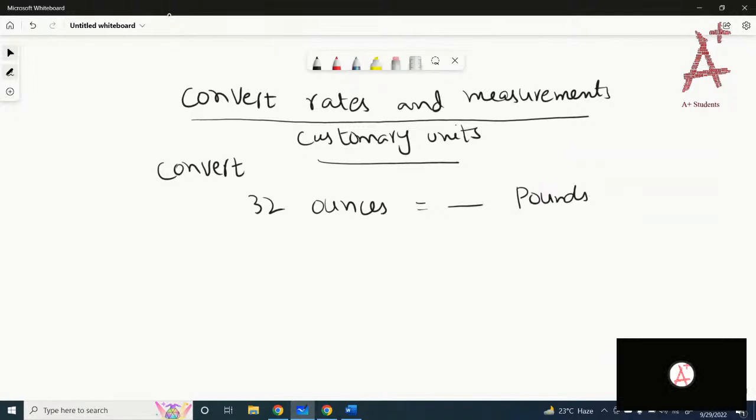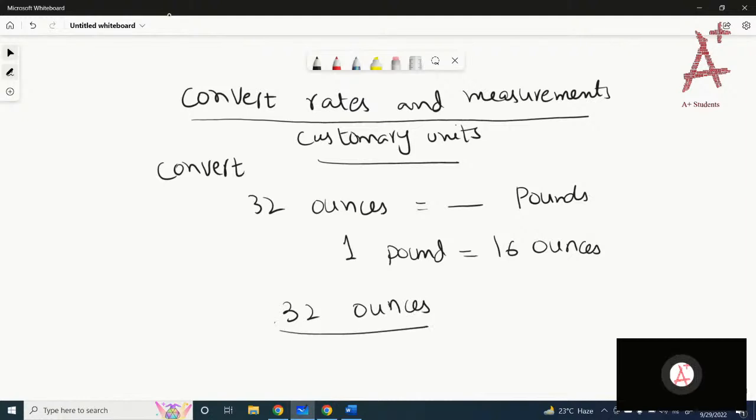So we know that in 1 pound we have 16 ounces. Got it? So that's why we have to divide the 32 ounces by the 16 ounces so that we can get the answer in pounds. Got it? 32 ounces divided by 16 ounces, and 16 times 2 is 32, so that means you have 2 pounds.